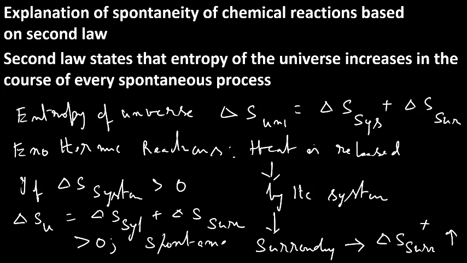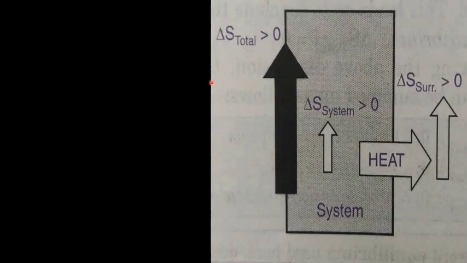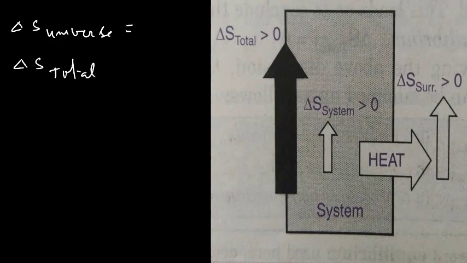Let us try to understand this by a diagram. This is the system. The system gives off heat because it is an exothermic reaction. The heat is given to the surroundings. When heat is given to the surroundings, entropy increases, that is, the randomness increases. That is, delta S surroundings is greater than 0. If delta S system is also greater than 0, then delta S universe, also referred to as delta S total, is equal to delta S system plus delta S surroundings.